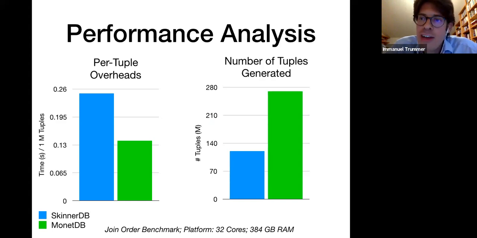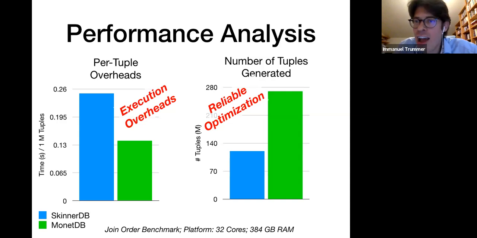On the right-hand side, we measure the number of intermediate result tuples generated. We're comparing SkinnerDB against MonetDB, and as you see here, when looking at the overheads per tuple, SkinnerDB has higher overheads due to join order switching and learning. But if you look at the right-hand side, the number of intermediate result tuples generated is significantly lower because we are selecting better join orders. So for the medium difficult benchmark, those two effects kind of balance each other out. We have higher overheads per tuple, but we generate fewer tuples due to better join order choices. So both come down to the same thing.